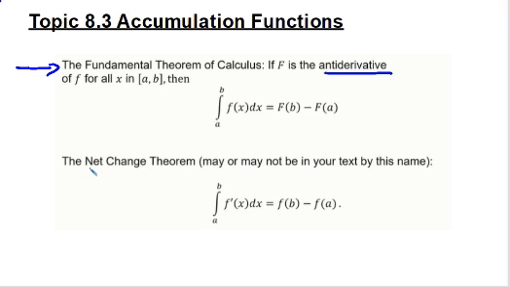The net change theorem is a little bit different. It's saying that the integral of the derivative is f of b minus f of a. Now, look what happens if I add f of a to both sides.